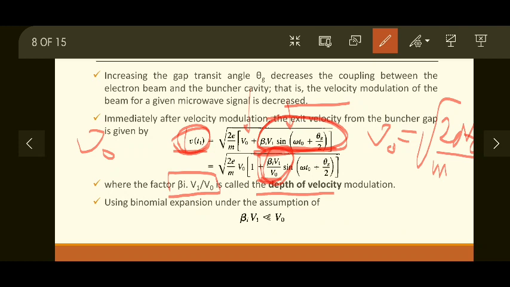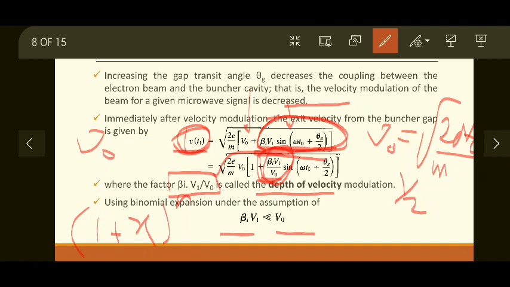Now we have to remember that capital V1 is much less than capital V0, that is, the microwave input signal is less than the DC voltage. Since this is a square root, that means raised to 1 by 2, we have to use binomial expansion for calculation of the actual exit velocity. So 1 plus x raised to n.